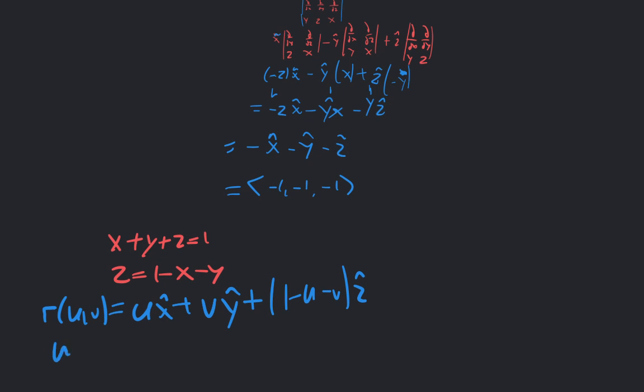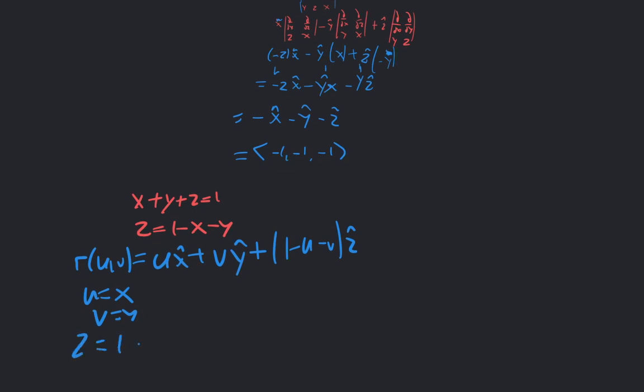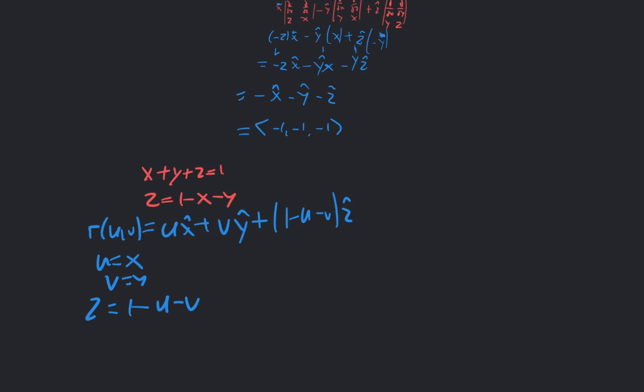We're going to say u is equal to x and v is equal to y. So then z is 1 minus u minus v. It looks like we didn't really do much, but we're going to say u is greater than 0, v is greater than 0, but less than or equal to 1 minus u.